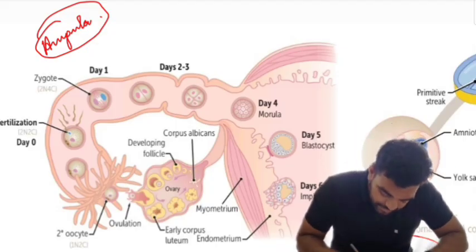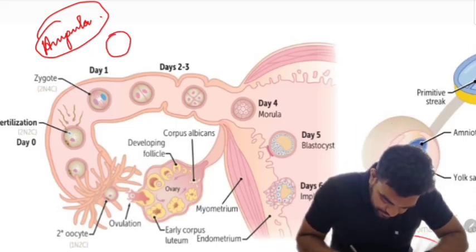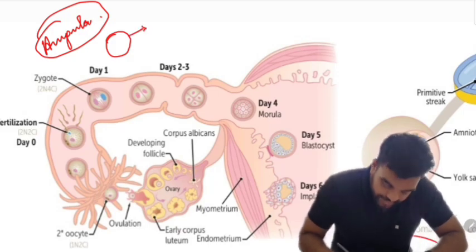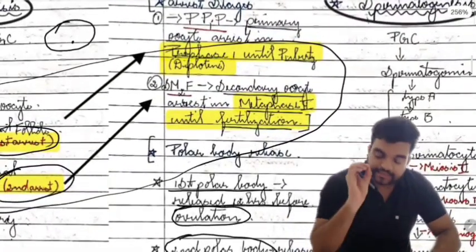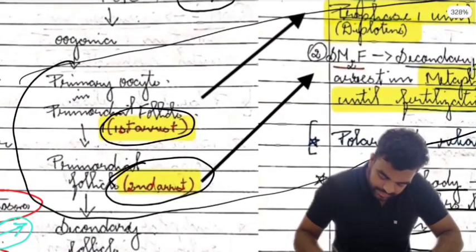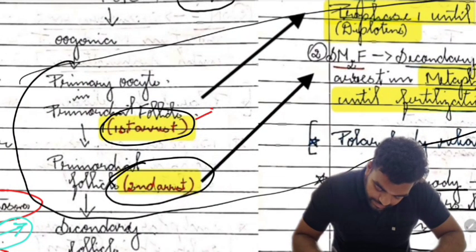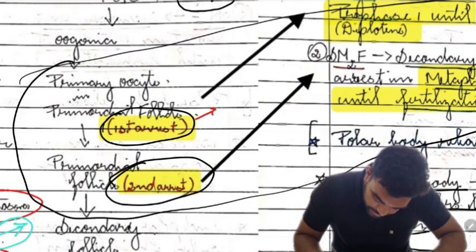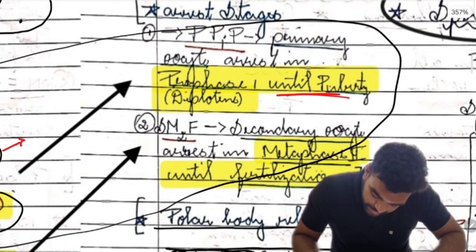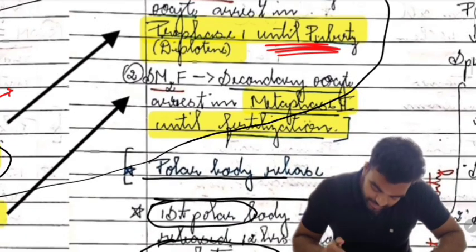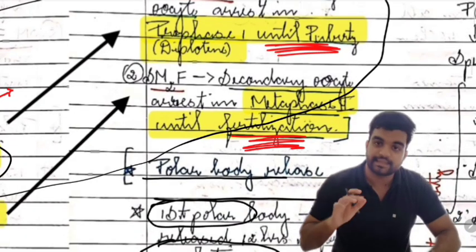Further, after the fertilization, one more thing that I missed here was the arrest that took place in the gonad, that is the ovary. The first arrest took place until puberty. Until fertilization, the second arrest takes place.